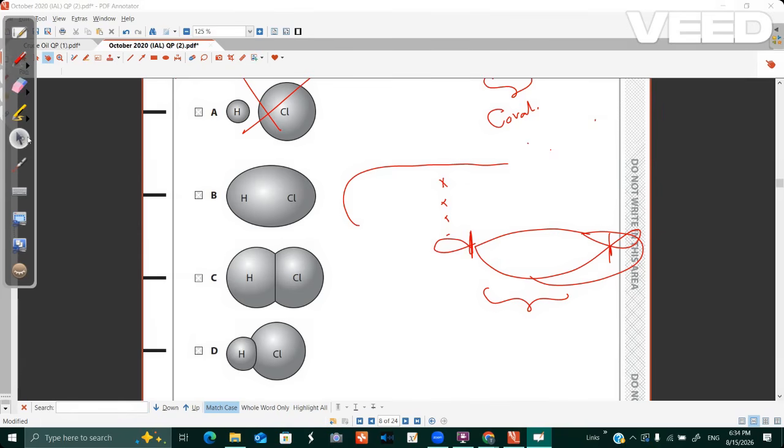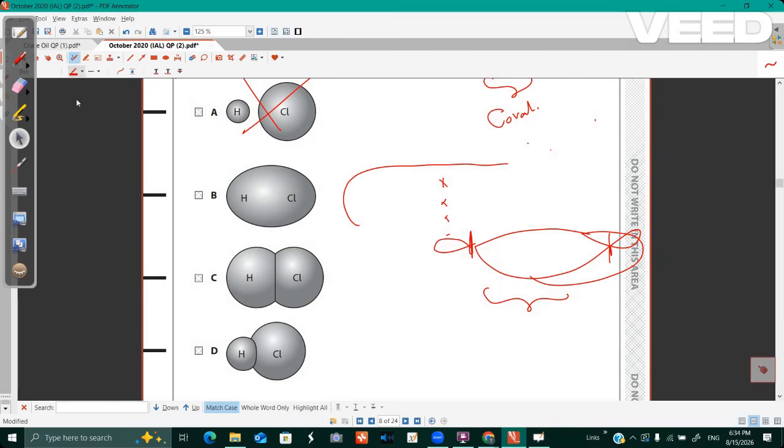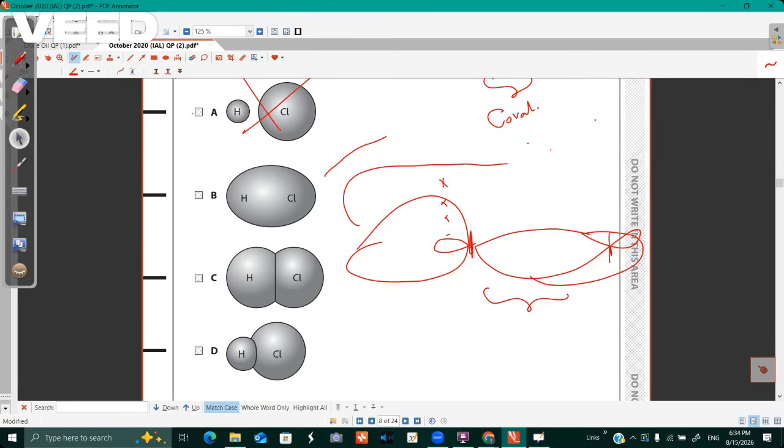Why? It cannot be symmetrical. Chlorine is larger and more electronegative. That is why this is wrong. If you had something like this, then this would have been the answer, but it cannot be symmetrically distributed. This is wrong. This is wrong. Equally distributed again, this is wrong. Chlorine has more electrons.